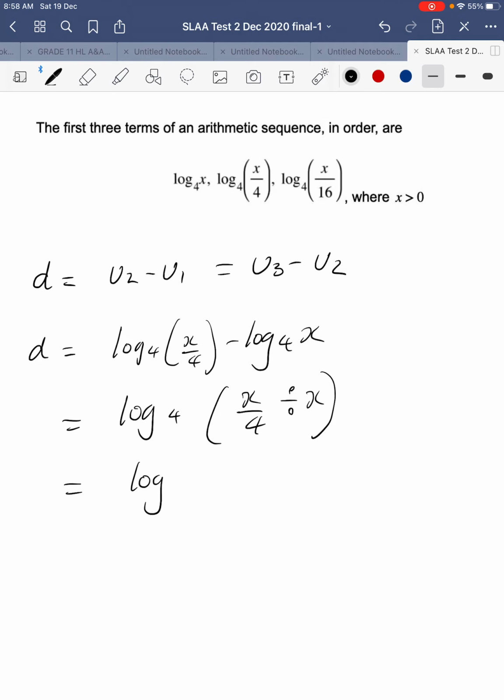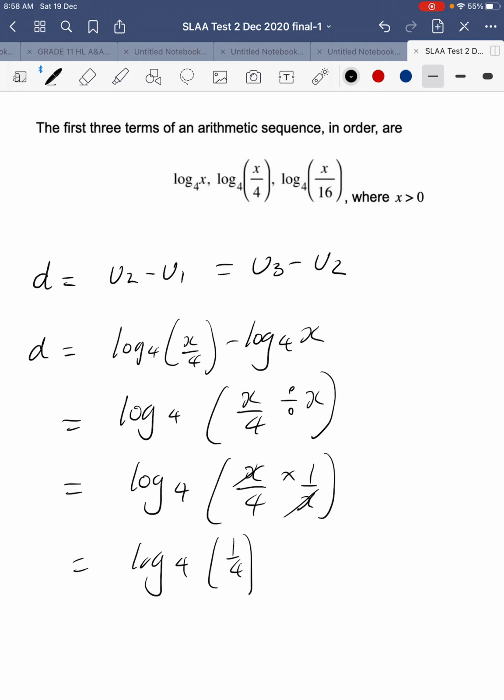Okay, and when you do that, you can just take your time with it. And can you see that this actually just gives us -1? Okay, so log to the base 4 of 1/4 is 4 raised to what exponent gives 1/4, and it is indeed -1. Alright, so we've got d here.